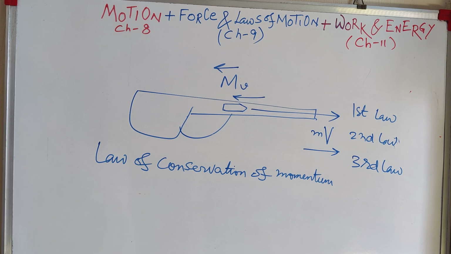In doing this, it follows some laws: Newton's first law of motion, second law of motion and third law of motion. The first law defines the force and the inertia of the body. The second law gives the formula of force, and the third law talks about conservation of momentum, that is the concept of reaction for every action.